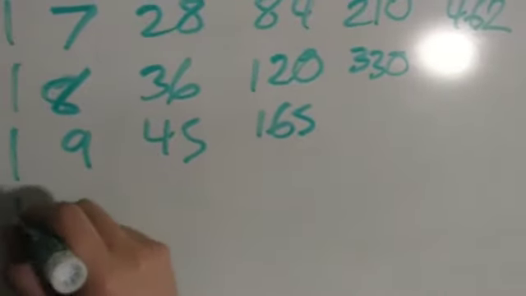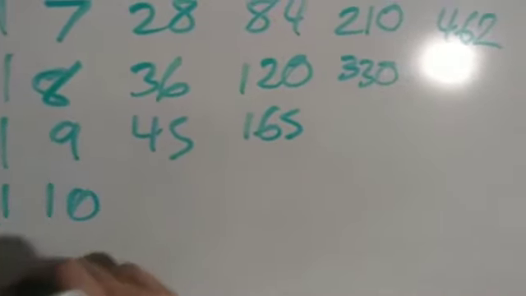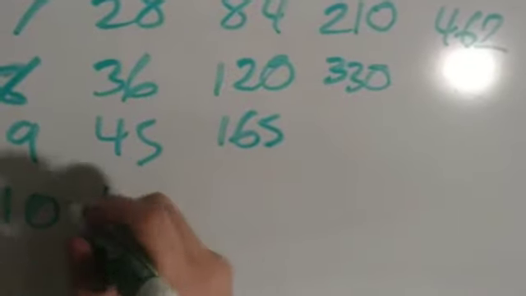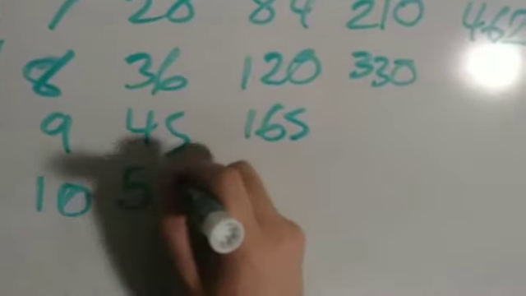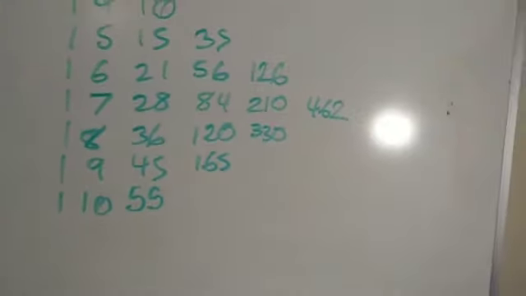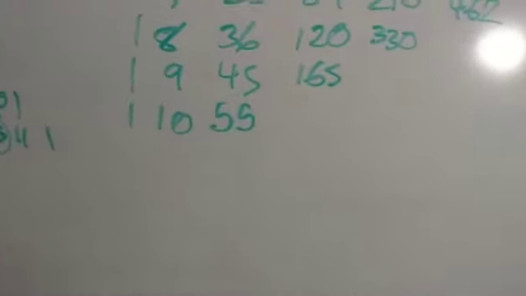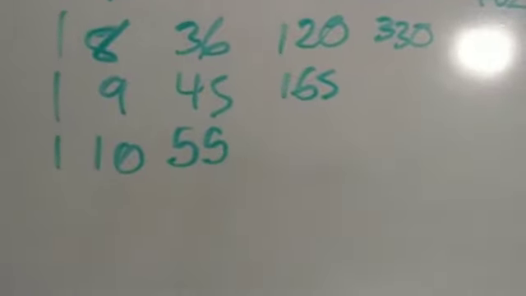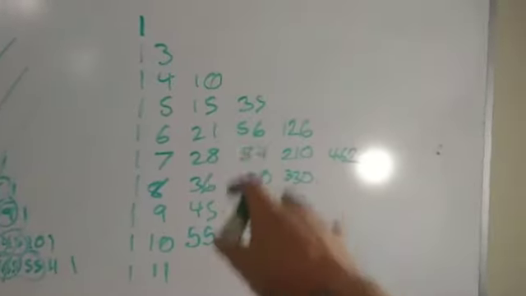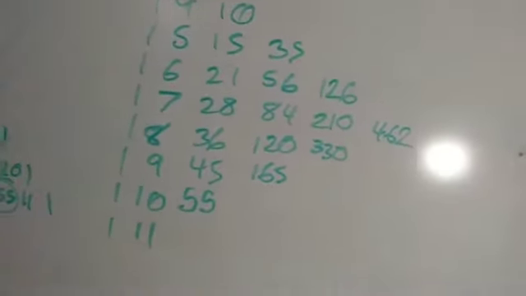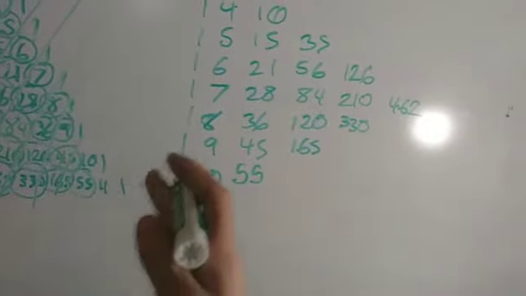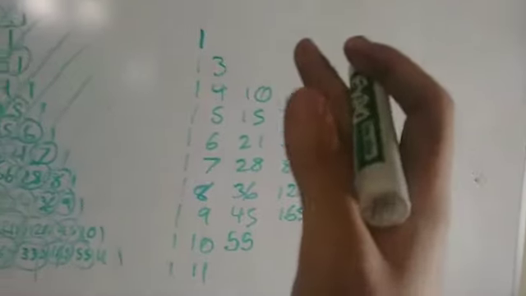Then you got 1, 10, 55. And then what else? 1, 11. That's all I can get. Basically, these lengths are exactly the same as Pascal's triangle. They are Pascal's triangle. The lengths of each subset of the prime harmonic sequence is simply Pascal's triangle.